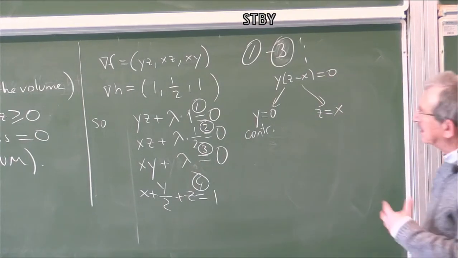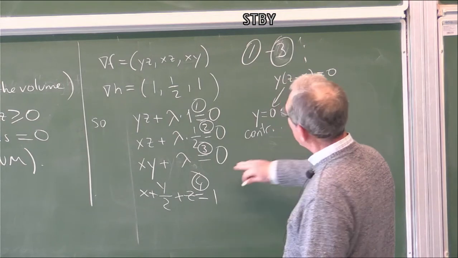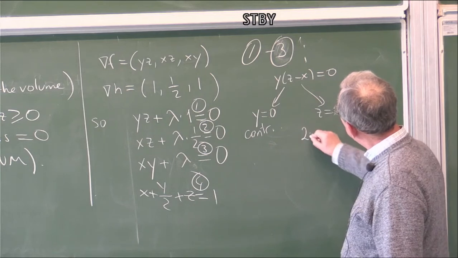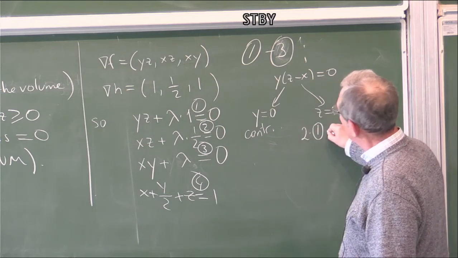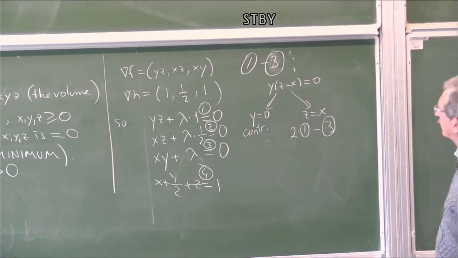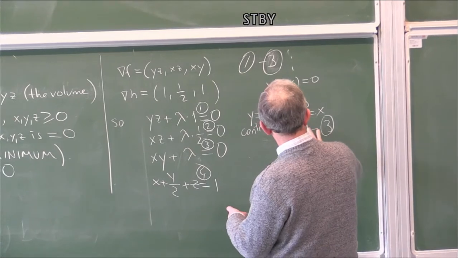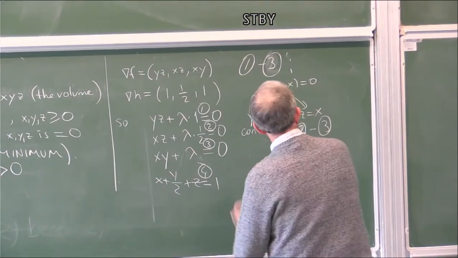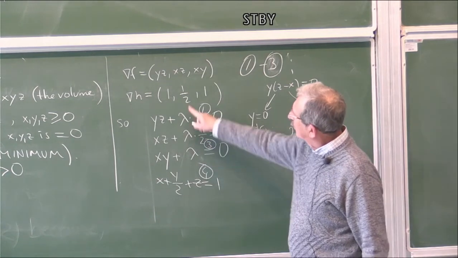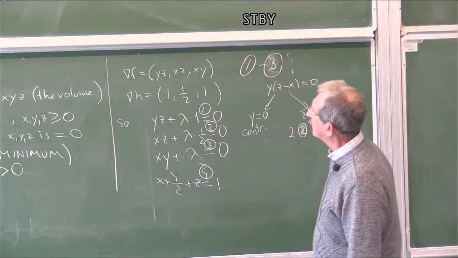Well, once z is equal to x, we can check now the second one, namely, now consider 2 times 2 minus 3. Because if you multiply this by 2, lambdas will cancel out when you subtract 3 from it.